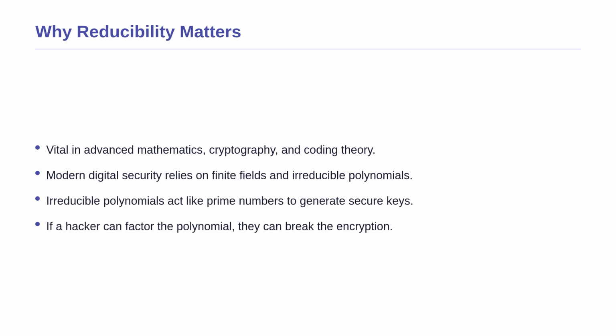In these systems, an irreducible polynomial acts just like a prime number to generate secure cryptographic keys. If a hacker can easily factor or reduce the polynomial used in an algorithm, they can break the code and steal the data. Testing for irreducibility keeps digital communication safe.